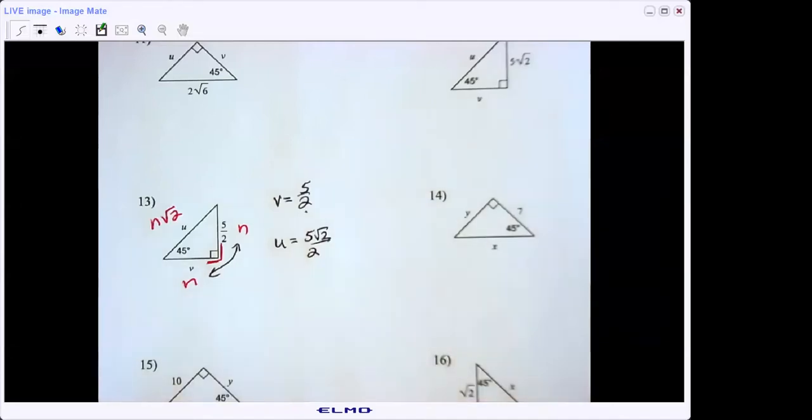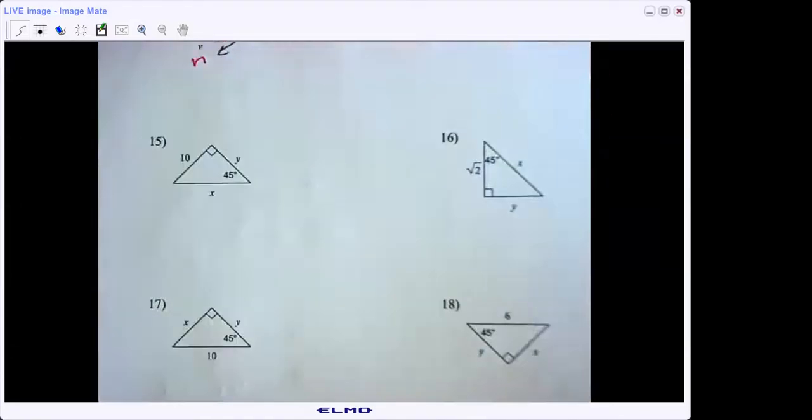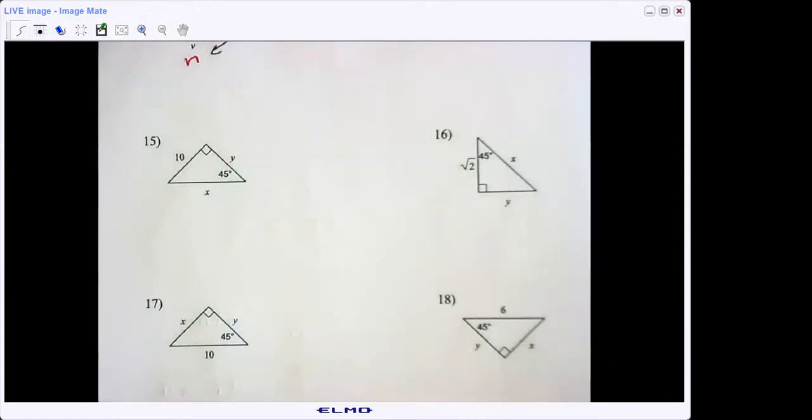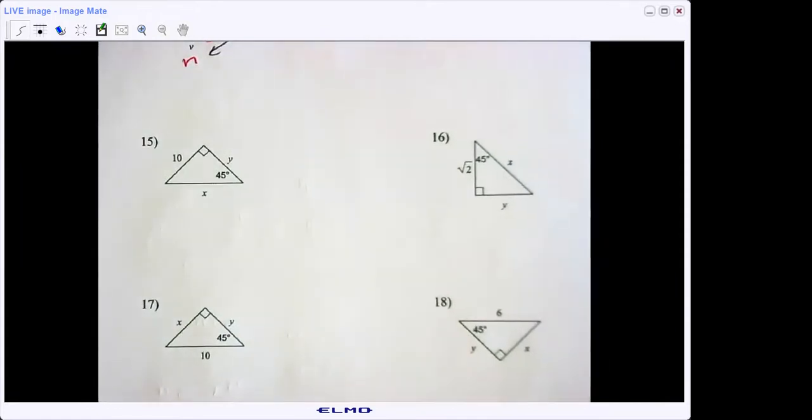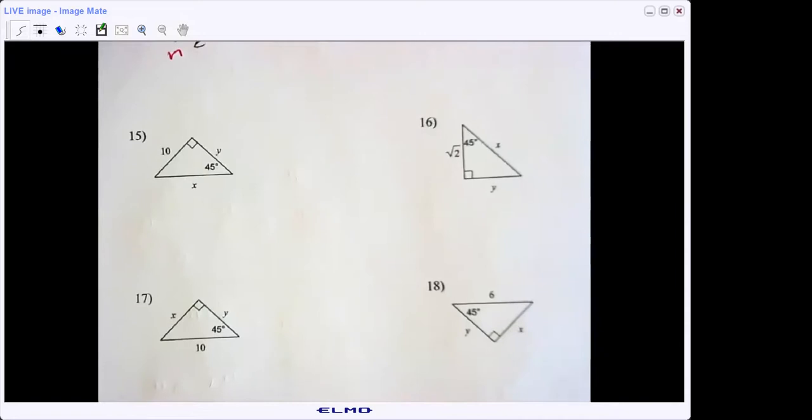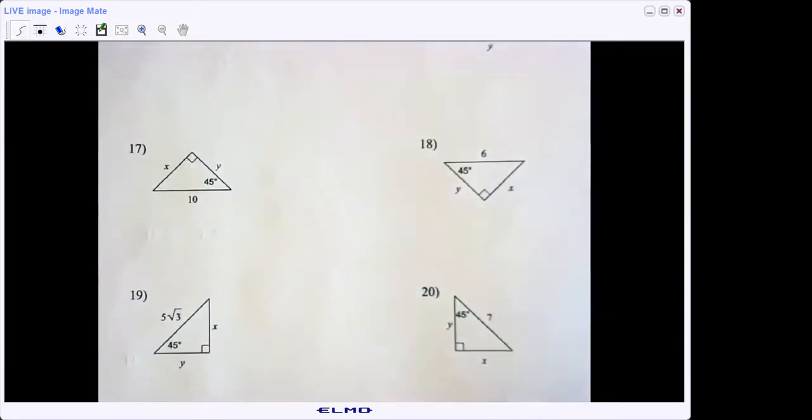Jump down to 17. Okay. Now here again, this is where our hypotenuse is not a square root. So what do we do?